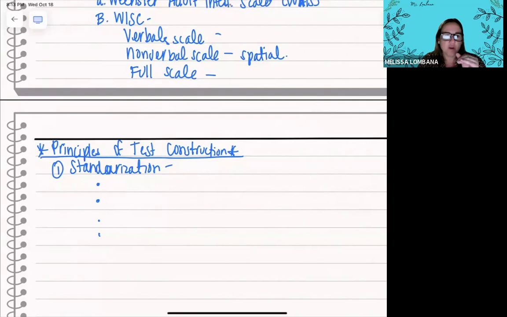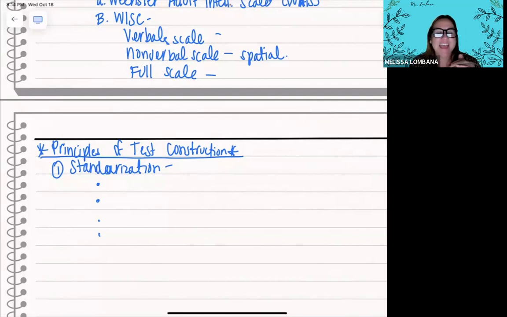Standardization means using a uniform testing procedure with meaningful scores by comparing the performance of a pre-tested group. Write that again. It's a uniform testing procedure, like an operational definition that is super specific, step by step, reading from a script.